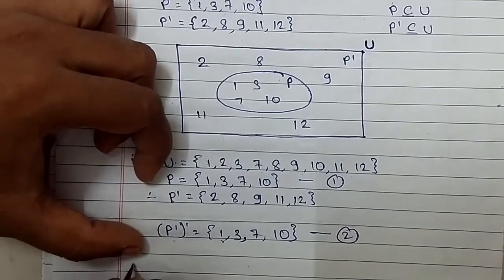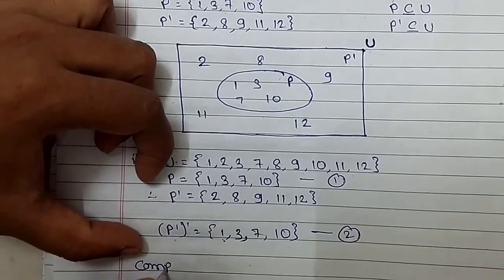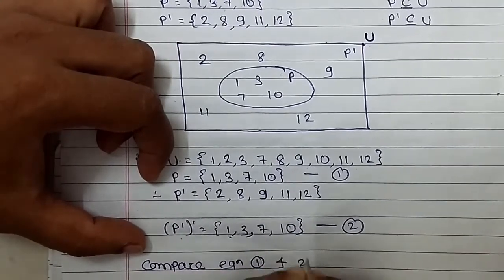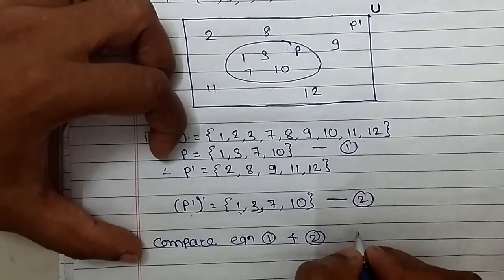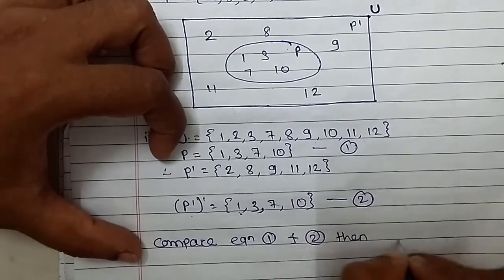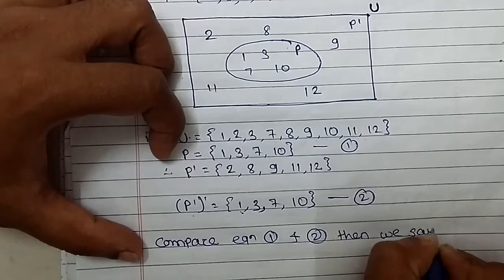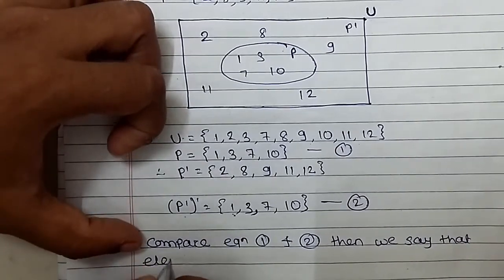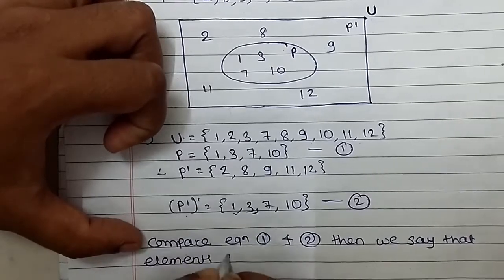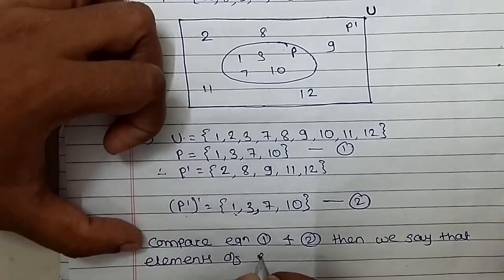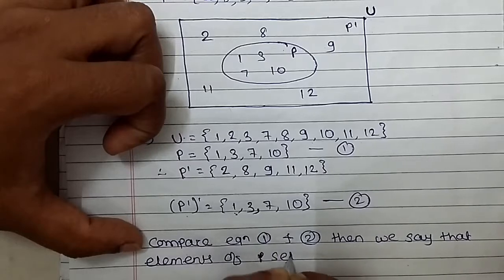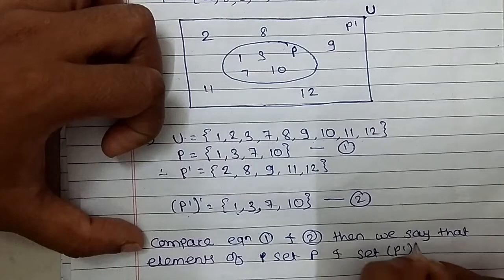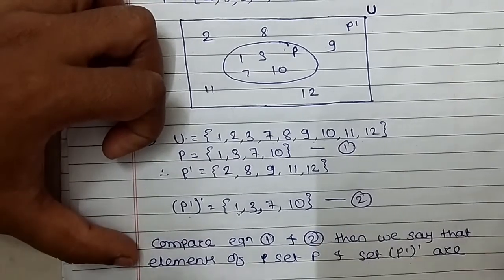So after comparing equation 1 and 2, we write one statement: we say that the elements of set P and set P dash dash are the same.